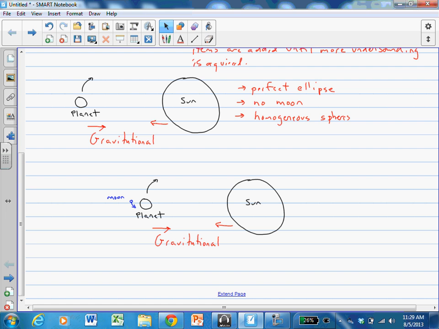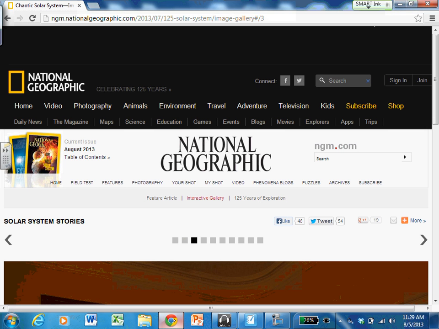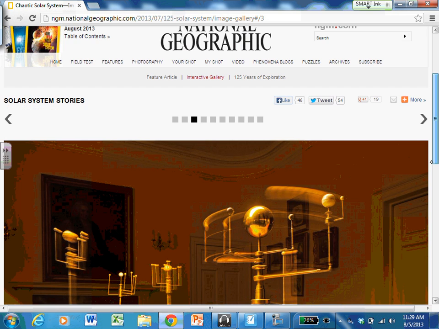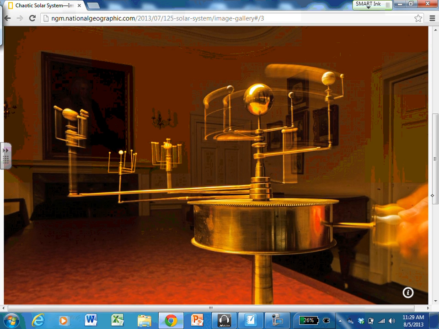And of course, there's an article in the National Geographic of August 2013, where here's a structure of a sun with planets, our solar system, and moons, a typical brass thing, and you see the person turning it here. And this is a model of our solar system.